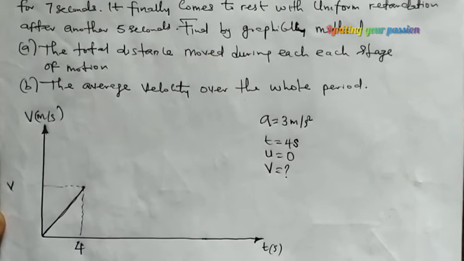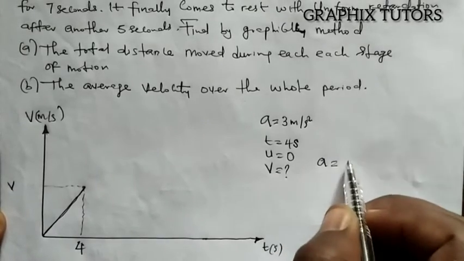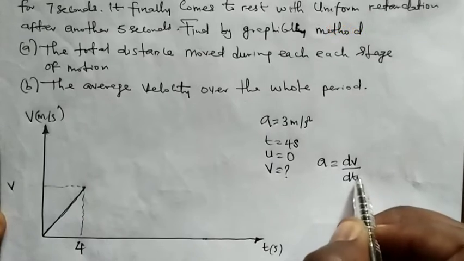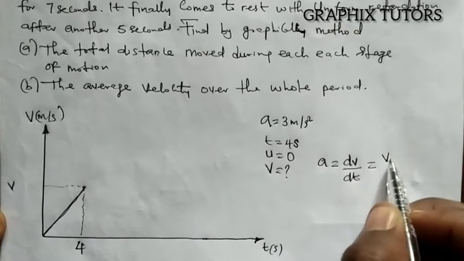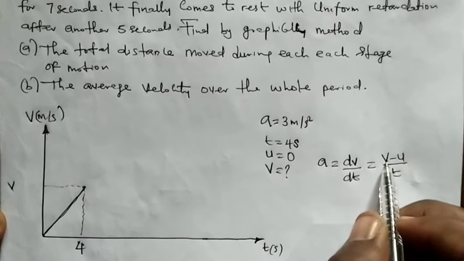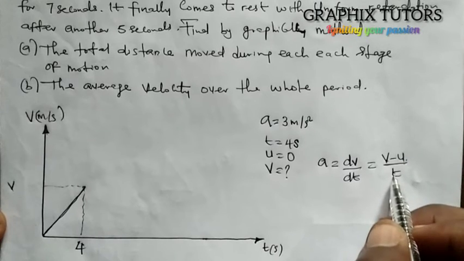So from what we did earlier, we said that acceleration is equal to what? Change in velocity over what? Change in time, which is the same as saying v minus u over t, where v is final velocity, u is initial velocity, and t is the time.